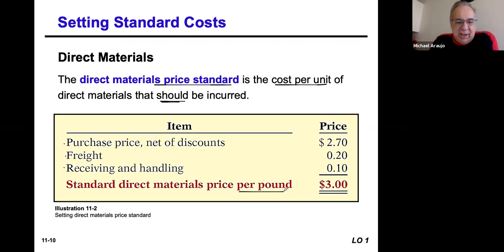When you look at it on a per pound basis, the standard direct material price is $3 per pound. So that's the standard they're going to use for direct materials.